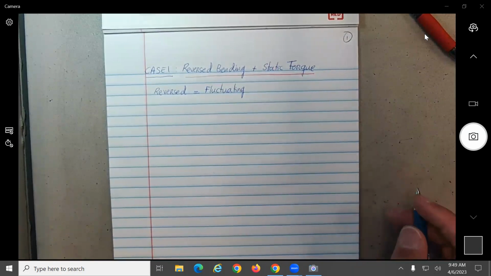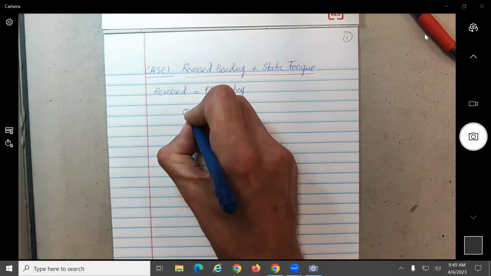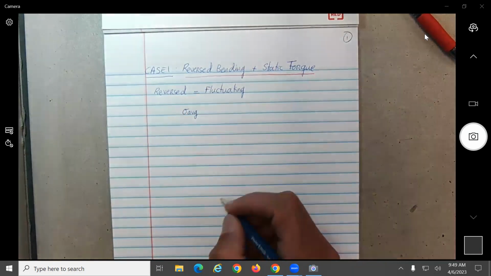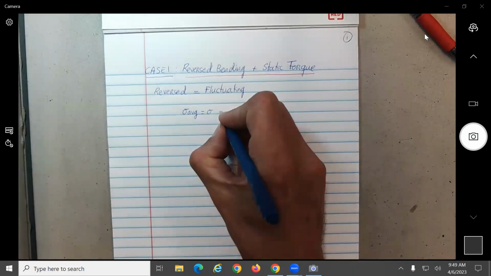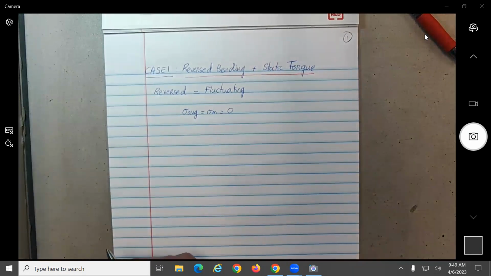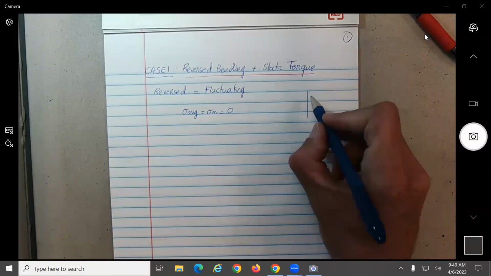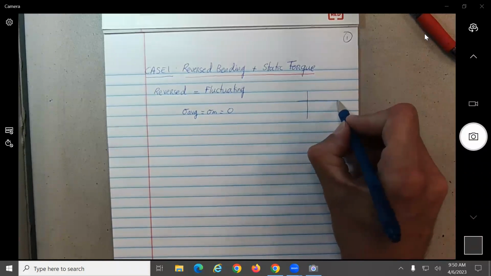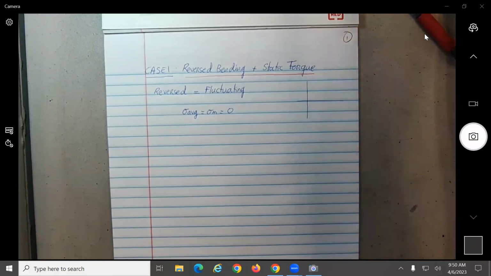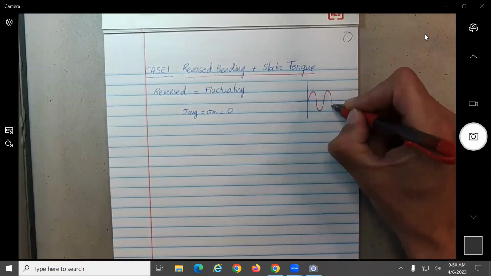Okay, so if we have reverse bending, we're going to say that the average, which I think is the one we call the membrane on the other formulation, is equal to 0. So what does that mean? In this case, we just assume that everything is rotating about this value here.